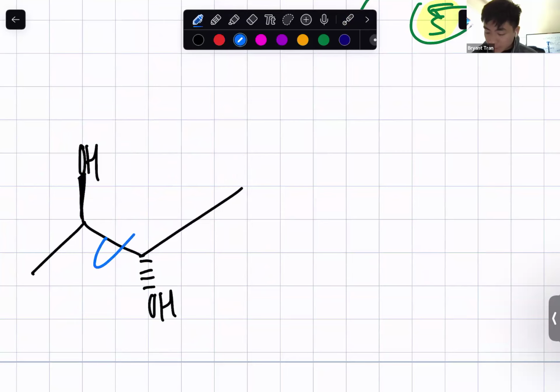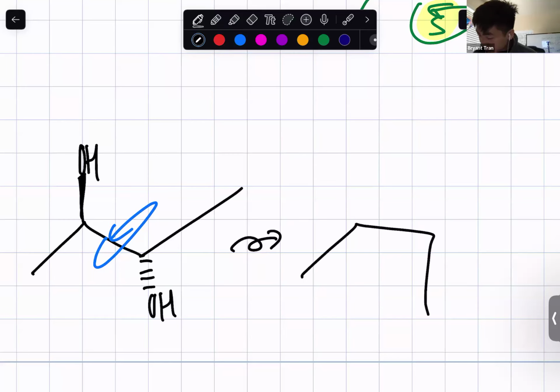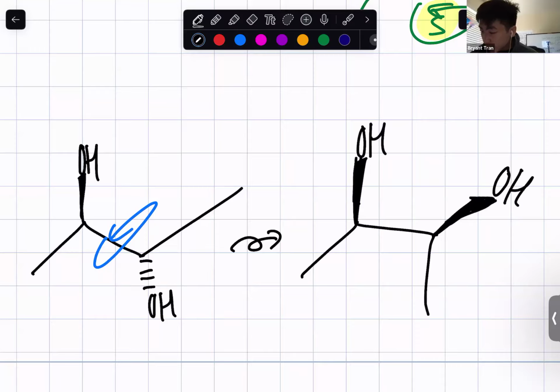But if we rotate this single bond right here and redraw the molecule, we have this structure, which is the same exact structure, just redrawn. We now clearly see the plane of symmetry down this plane with two chiral centers here, right?